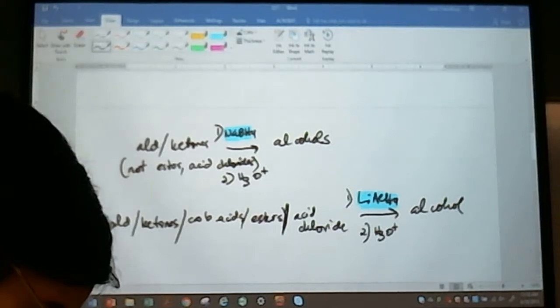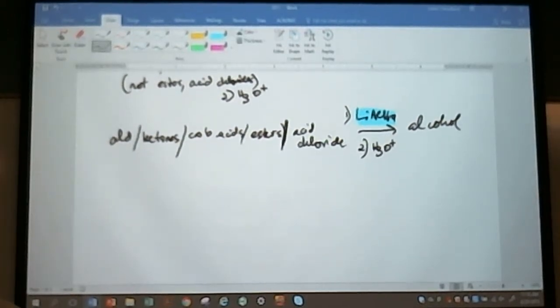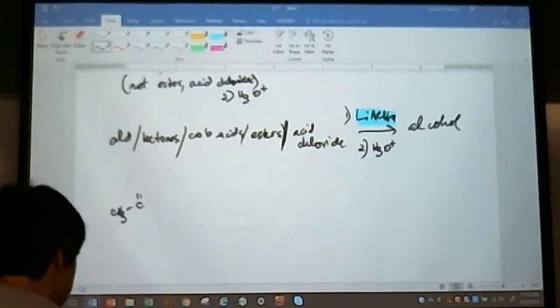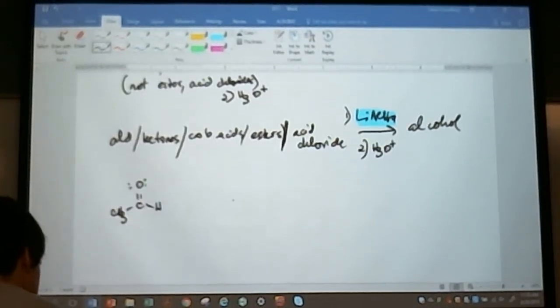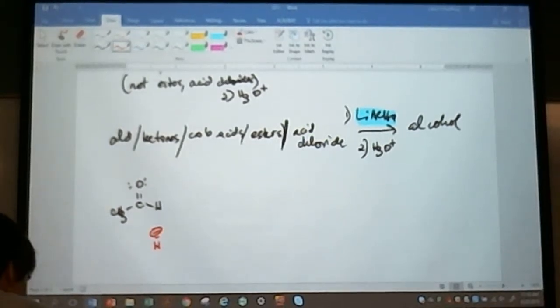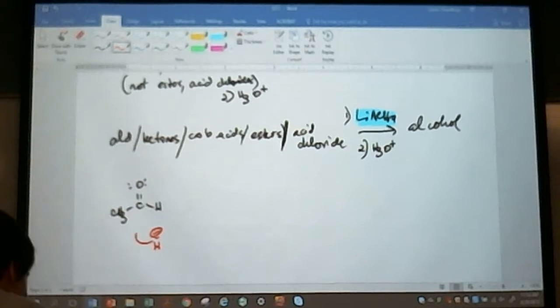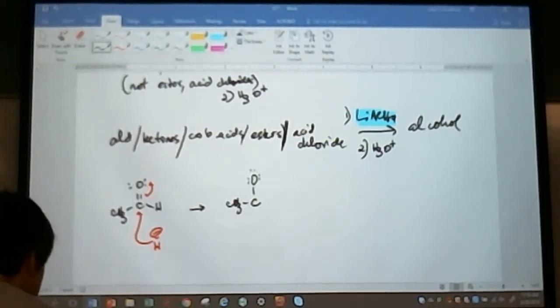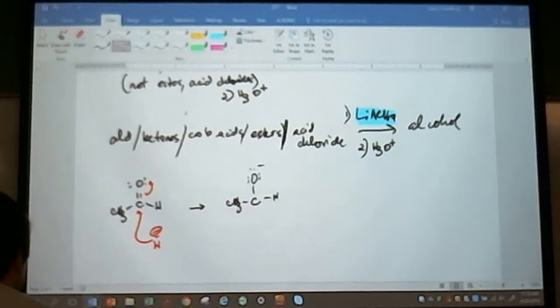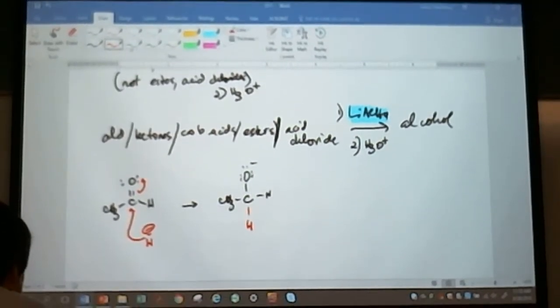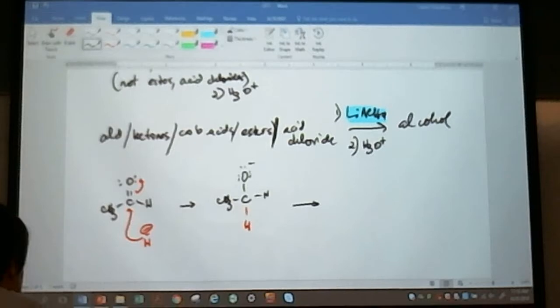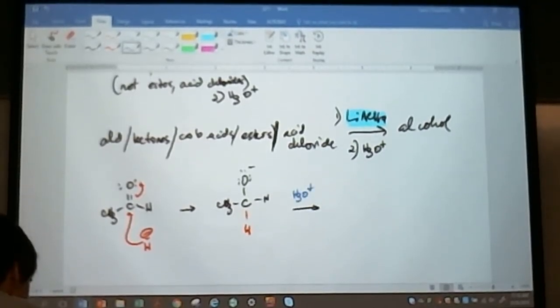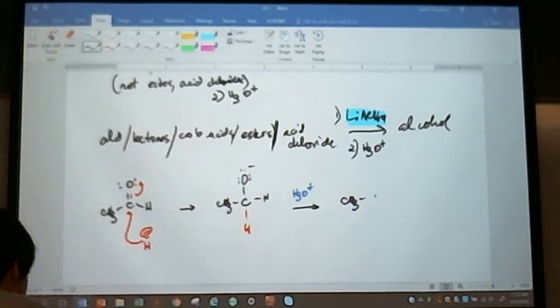Now, for an aldehyde or ketone, let's say I have this, and let's say that I come with a hydrogen ion. This could be sodium borohydride or lithium aluminum hydride. I'm going to add once, I'm going to form the alkoxide ion, and then quench this with water, and I'm going to end up with the alcohol.